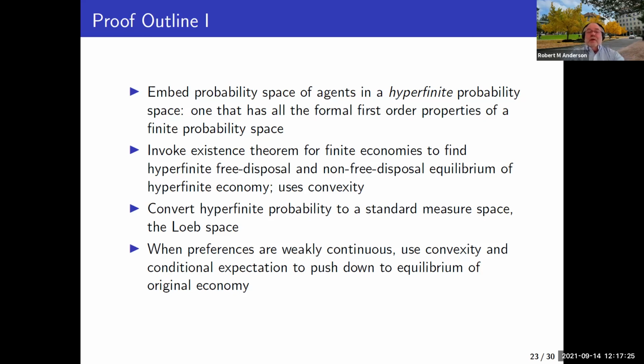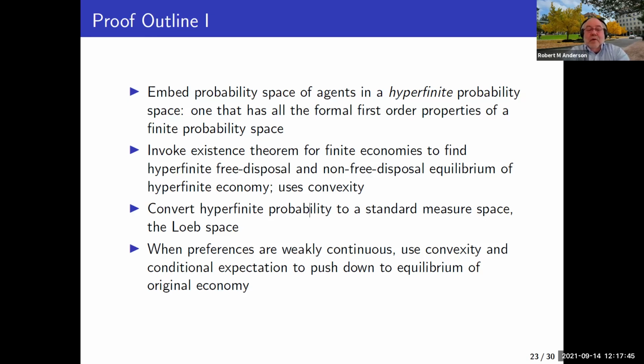We convert the hyperfinite probability space to a standard measure space, the Loeb space. So Kevin's technique is in the first two bullets. The third bullet uses non-standard analysis techniques from the 1970s.